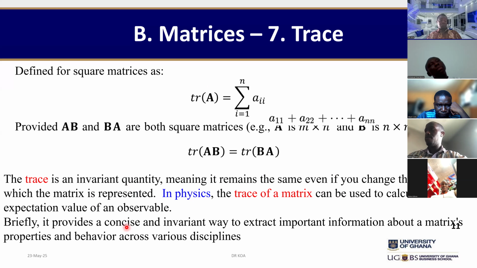Principal component analysis, factor analysis and structural equation modeling also use the trace of a matrix. It gives you a precise and concise, invariant way to capture very important information about the properties and behavior of a matrix.